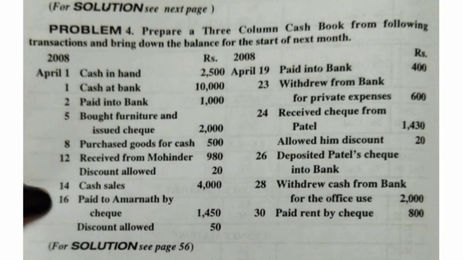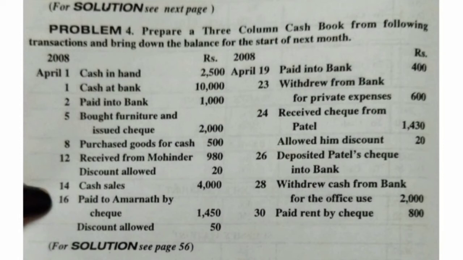So in the next entry, they have said deposited Patel's check into the bank. So it means the previous entry we have recorded in the bank column, right? So on reading the second entry, we need to change from the bank column to the cash column. So first what we need to do is cash account debit, discount allowed account debit to Patel account, that is 1430, 20 and 1450.